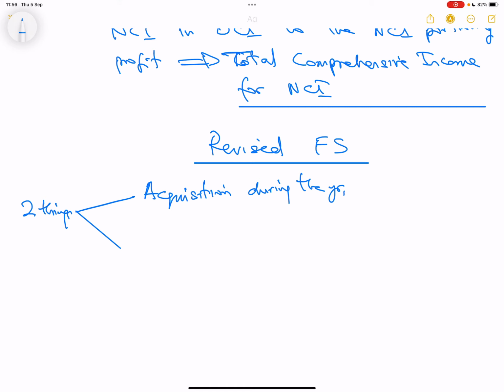Very important. So here, the first thing is to prepare proportionate income and expenses for the subsidiary.